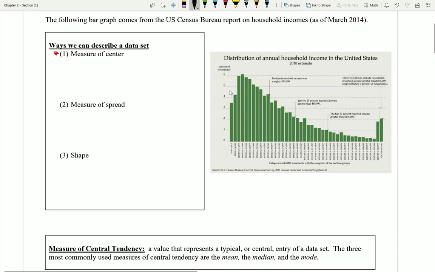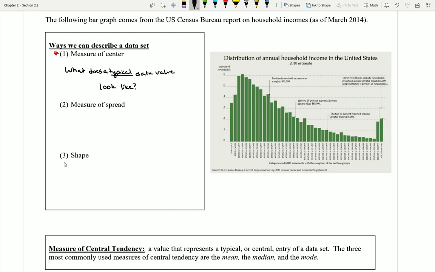When we talk about a measure of center for a data set, what we're really asking ourselves is, what does a typical data value look like? We want to know what is a typical data value for this data set, almost like a representative data value. And that's going to be the focus of this section.